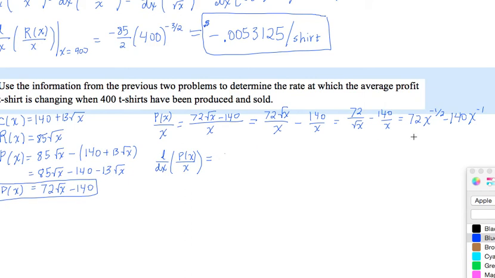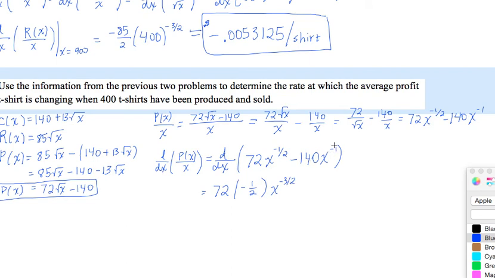Okay, so now let's differentiate this. That's easier to do. So it's going to be the derivative of 72 x to the negative 1 half minus 140 x to the minus 1. Using the power rule, we've got 72 times negative 1 half x to the minus 3 halves. Negative a half minus 1 is minus 3 halves.